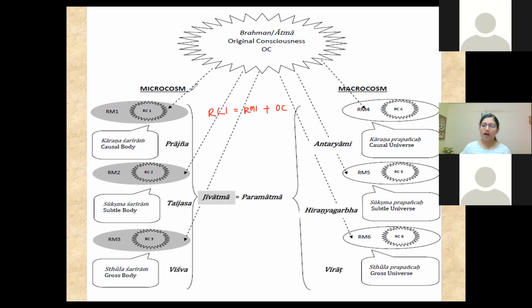Only when you think I want this thing, or that person has that thing and I don't have this thing, it means what? You are seeing a separation. Only when you see that separation, you will ever have this feeling that, oh, they have something that I don't have, right?